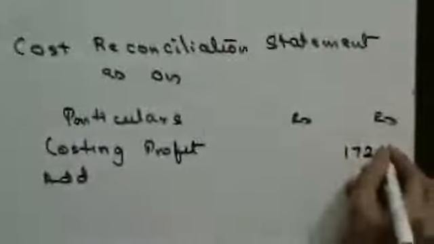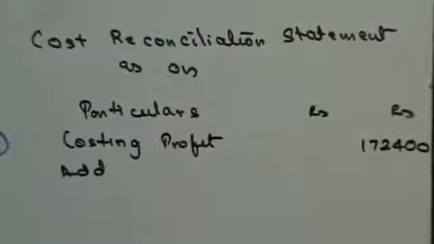Fine. Now let's see this. They are saying that the profit as per costing account is 1,72,400. Let's start. Let's look at the working note.